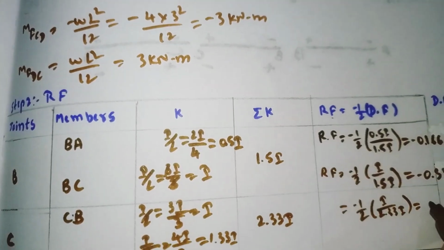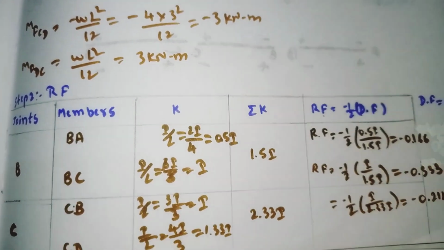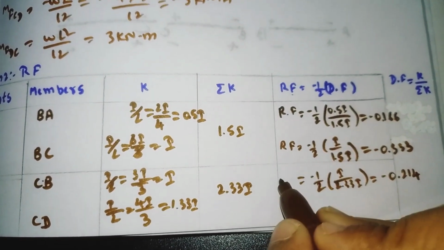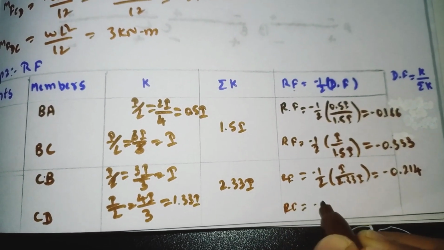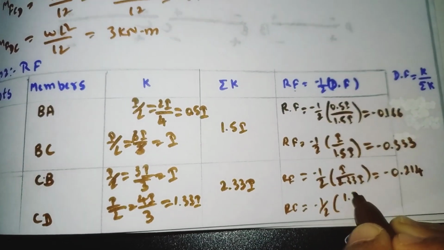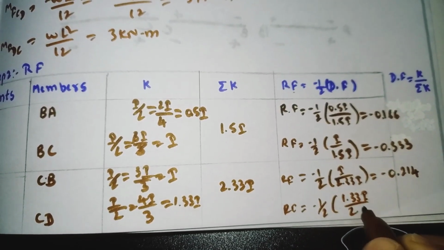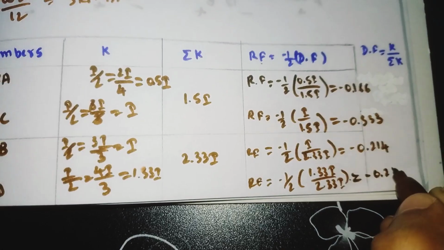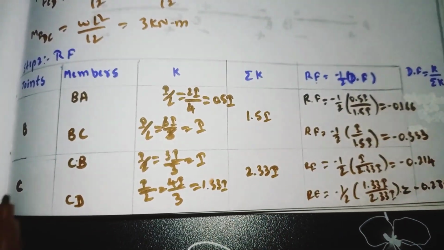So by simplifying, it will come out as minus 0.214. For member CD, half k is 1.33I divided by 2.33I. So by simplifying, it will come out as minus 0.285. So now we have calculated the rotation factor for all these members.